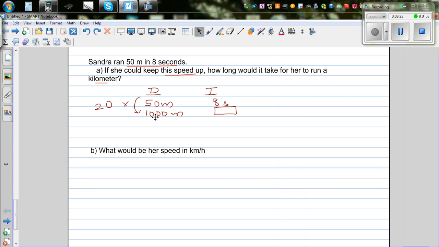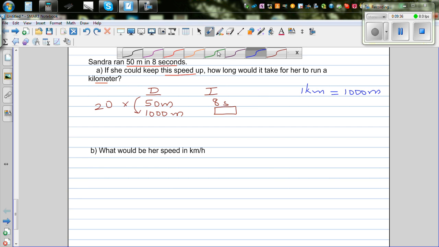I hope you know that 1 kilometer is 1,000 meters, and that's why I'm finding for 1,000 meters. So this would be times 20. Times 20, so this is 160 seconds. Your answer is 160 seconds.